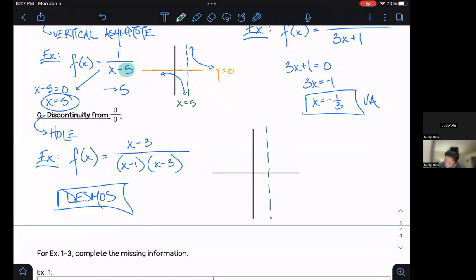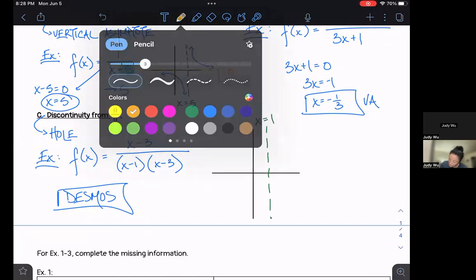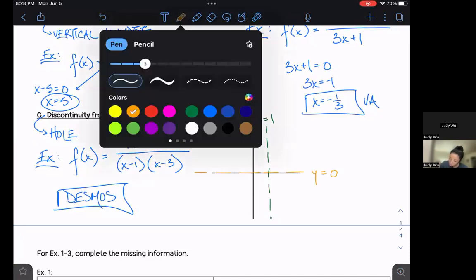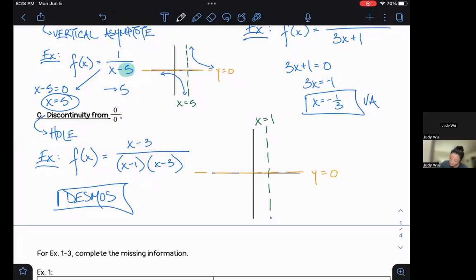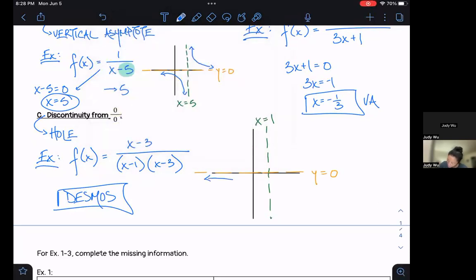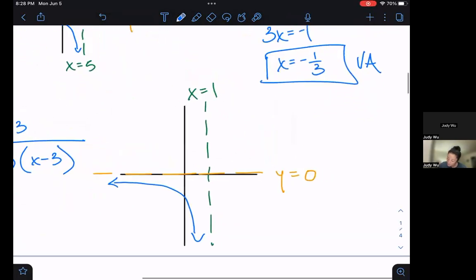So this is actually at x equals 1. And then let me put in my horizontal asymptote of y equals 0. The way I would draw this is I would draw this branch like normal, but then I would draw this branch like this, hole, and keep going.